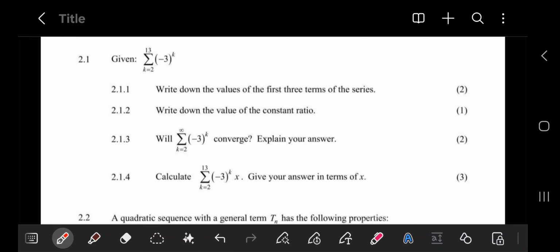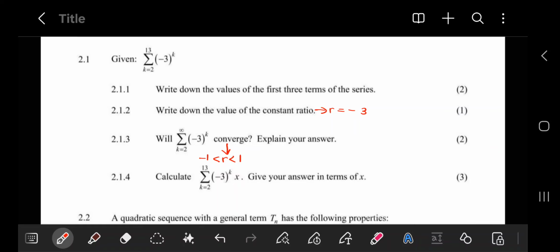Now you guys, it is extremely important for you to take note that for a series to converge, R must lie between negative 1 and positive 1. So if we analyze the value that we had for R, our constant ratio in the previous question was negative 3. Clearly, negative 3 does not lie between negative 1 and positive 1. So for that reason, this series will not converge.